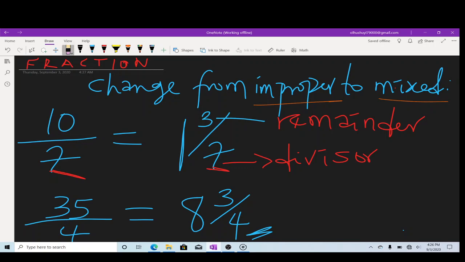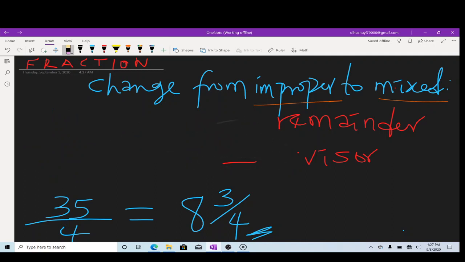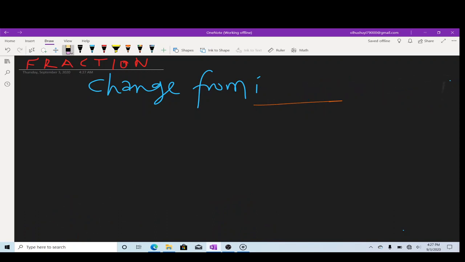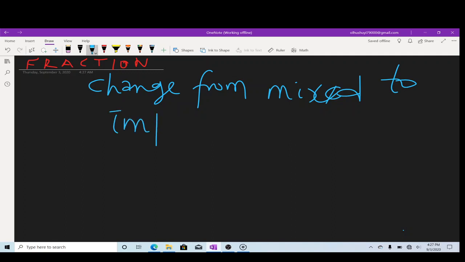Now let's quickly go to changing back. Talk about changing from mixed to improper fraction.